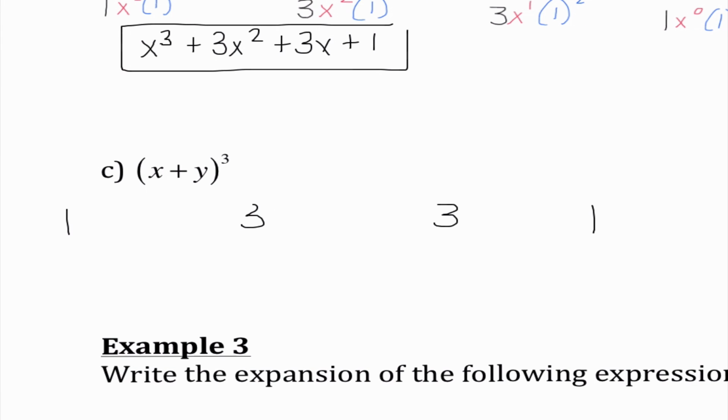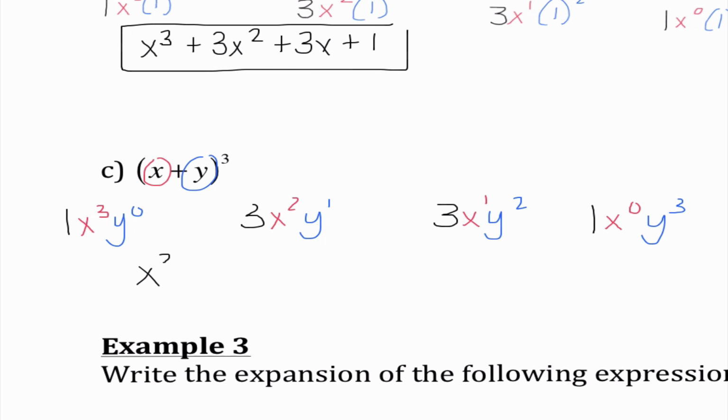So this time, my first term is x, so I'm going to do x cubed, x squared, x to the first, x to the 0. My second term is y, so I have y to the 0, y to the first, y squared, and y cubed. So when I go ahead and simplify this, I have x cubed plus 3x squared y plus 3xy squared plus y cubed.